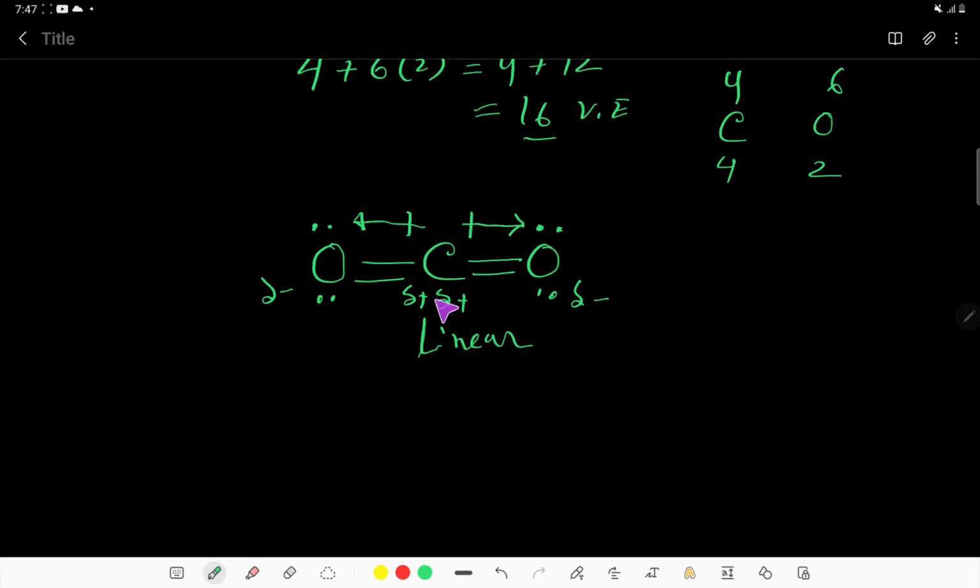The dipole moment of this bond and this bond cancel each other because of the shape of this molecule, right? That is, the net dipole moment of this molecule is 0. That is why the CO2 molecule is a non-polar molecule, right?